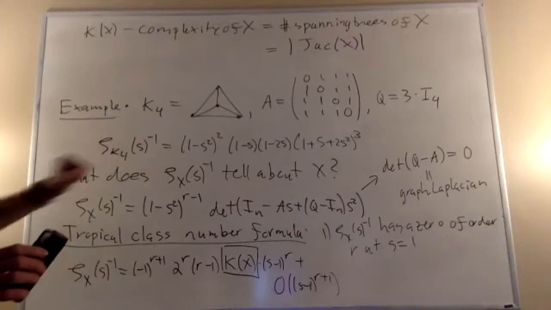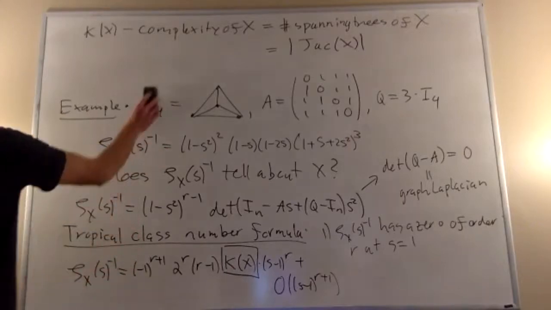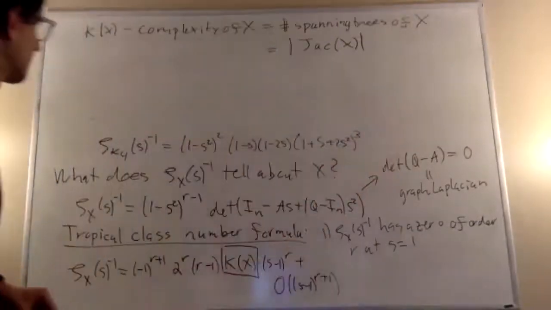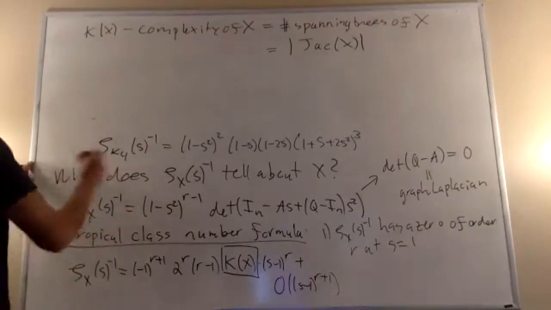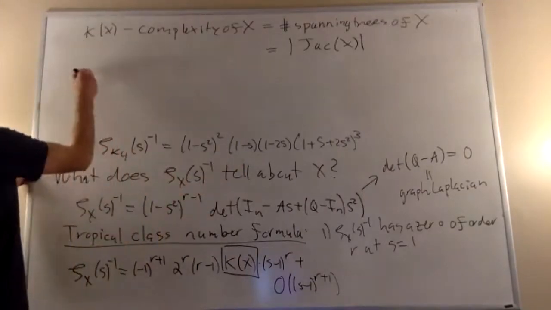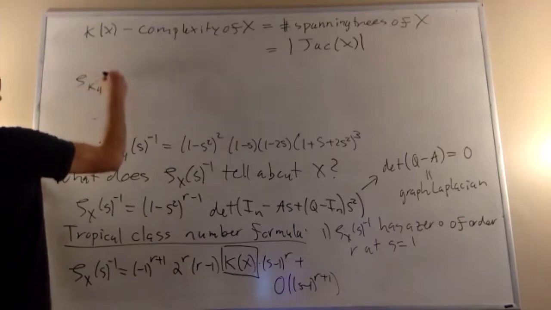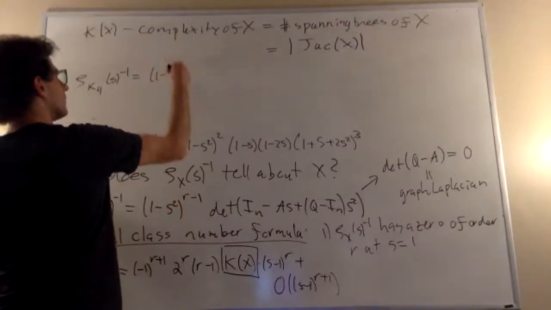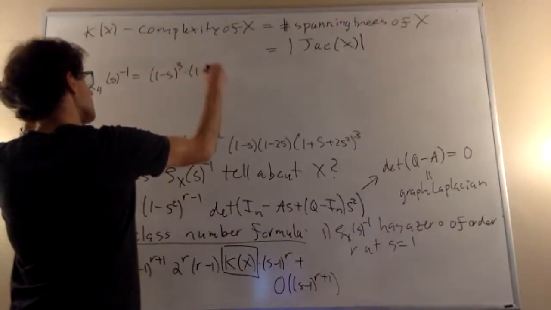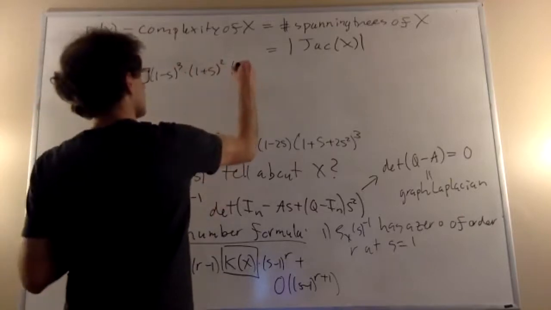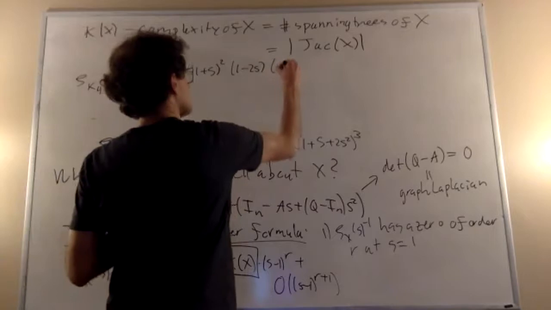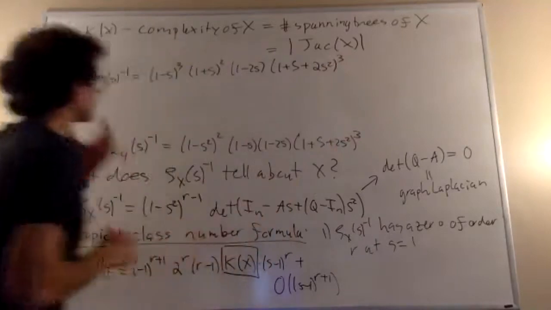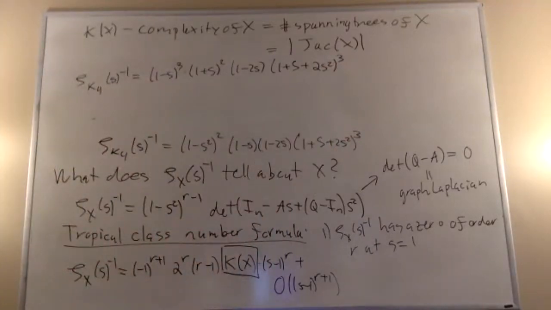Let's just see what happens if you plug s equals 1 into this formula. I'm curious. Okay, so zeta K4 of s inverse. I've got a 1 minus s cubed times a 1 plus s squared times a 1 minus 2s times a 1 plus s plus 2s squared cubed.